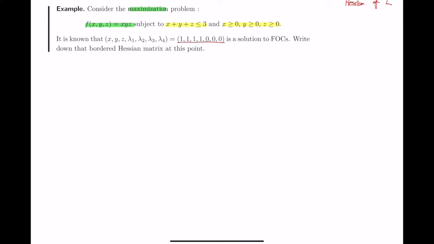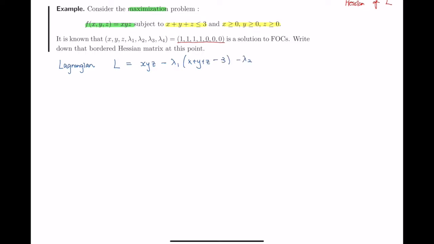So the first thing I'm going to write down is the Lagrangian, because I know I need a Lagrangian to form the bordered Hessian matrix. So the Lagrangian L equals the objective function x times y times z minus lambda 1 times the first inequality constraint, x plus y plus z minus 3, and minus lambda 2.